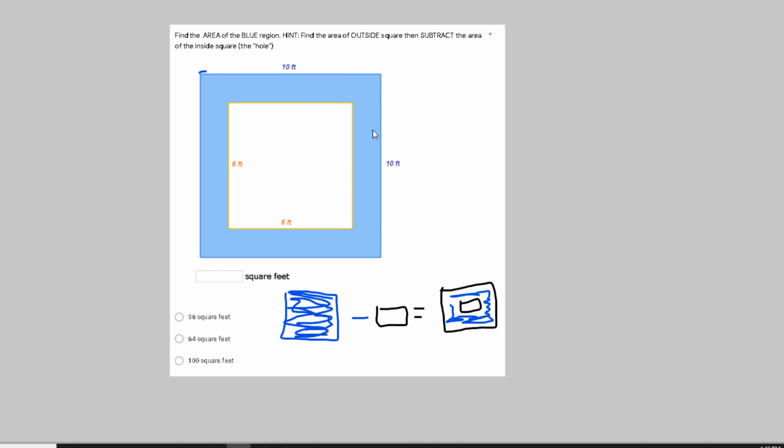So you take 10 times 10, gives you 100, and then you subtract 6 times 6, which is 36, and that'll give you 64 square feet. So 10 times 10 for the area of the whole thing here. Then you take away the area of the hole, which is 6 times 6, 36, and that leaves you with the blue region that we wanted.